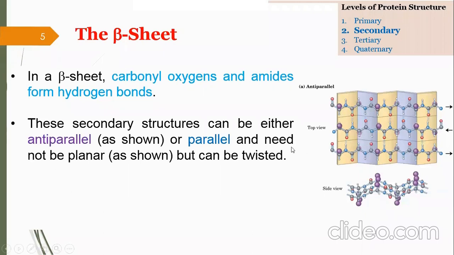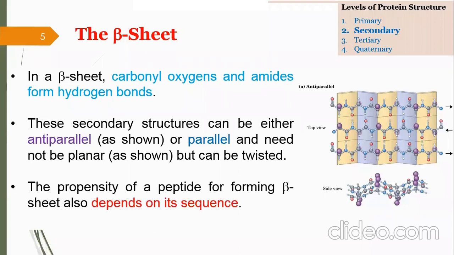They need not be planar; they can be twisted as well. The propensity of a peptide for forming beta sheets also depends on the primary sequence.